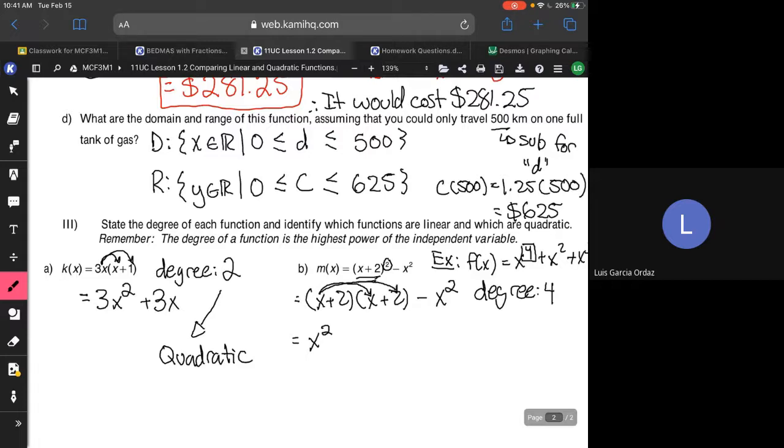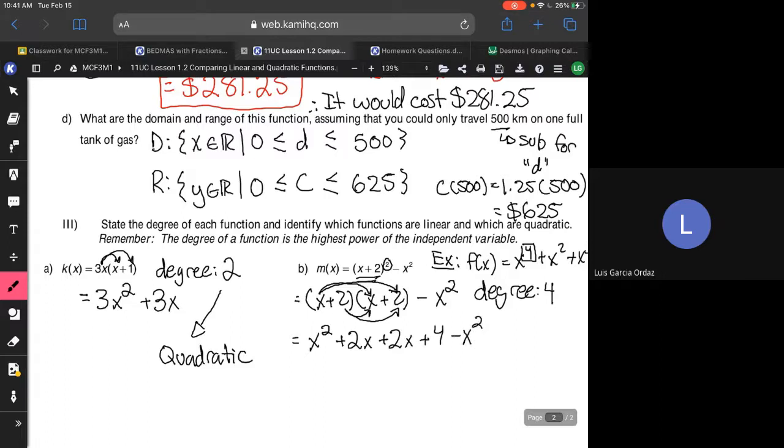What's x times 2? 2x. Now I'm going to take the last term in the first bracket and multiply it by the first term in the second bracket. 2 times x. Yep. And then Brooklyn, the last one, 2 times 2? 4.